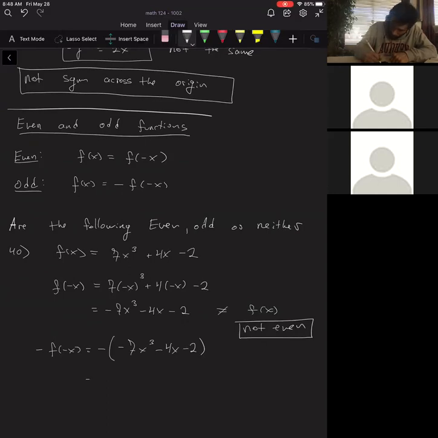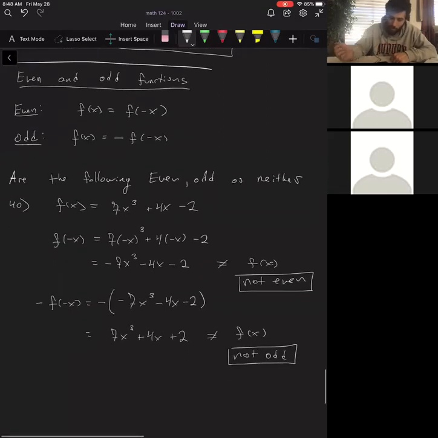And so this is going to equal 7x cubed, a positive 4x, and a positive 2. This also does not equal f of x, so it's also not going to be odd. So this function is neither. All we need to say is it's not even, it's not odd.